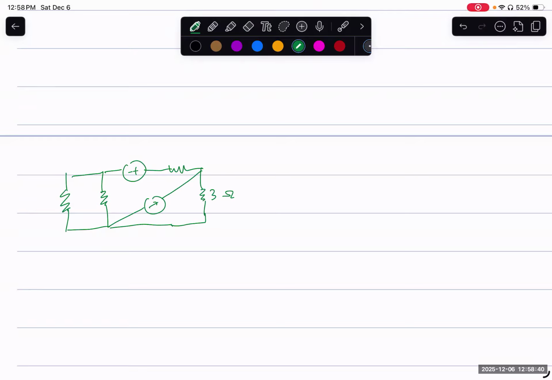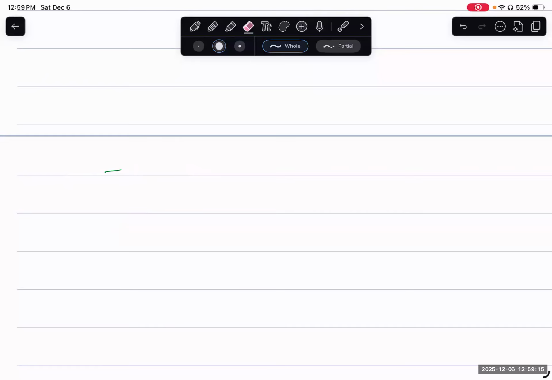So we have the resistors. Wait, what are the resistor values? The question I have doesn't have the resistor values mentioned, so I'll do another one with the resistor values.